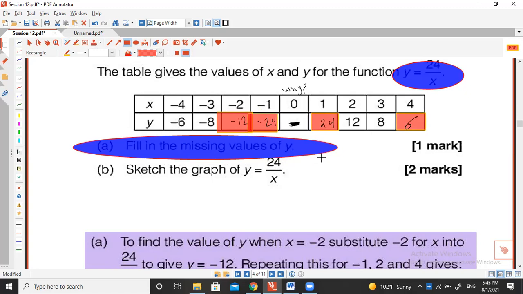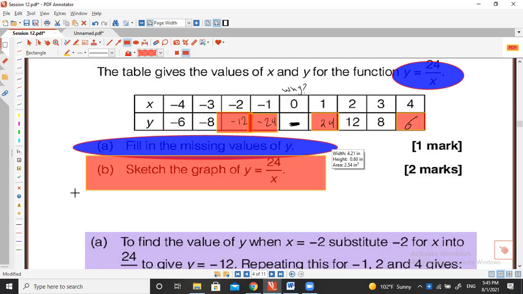Read number 2. Sketch the graph. You know how to graph it? You're going to put each point on the graph, and then you're going to trace it, without a ruler. All you need is to make 2 axes and graph them.